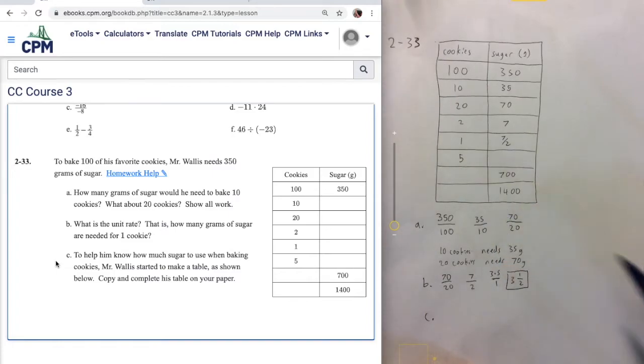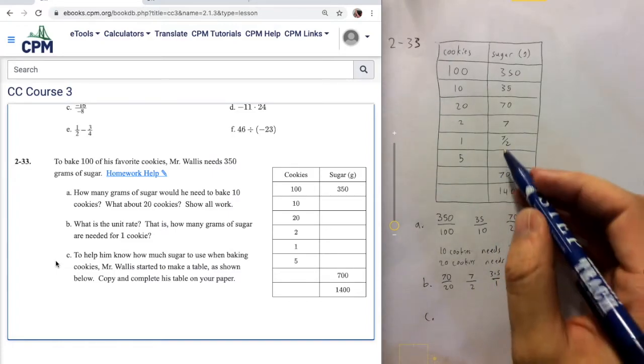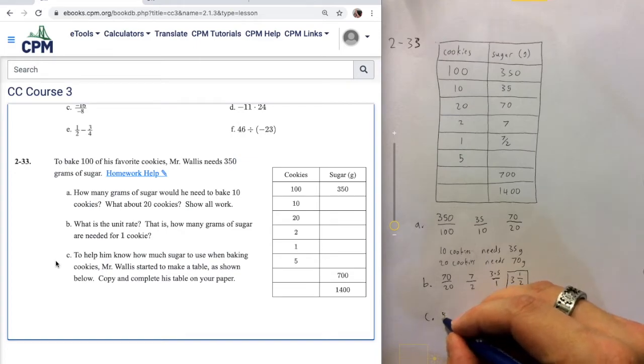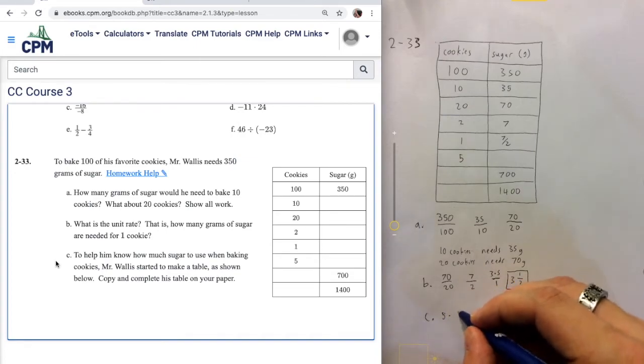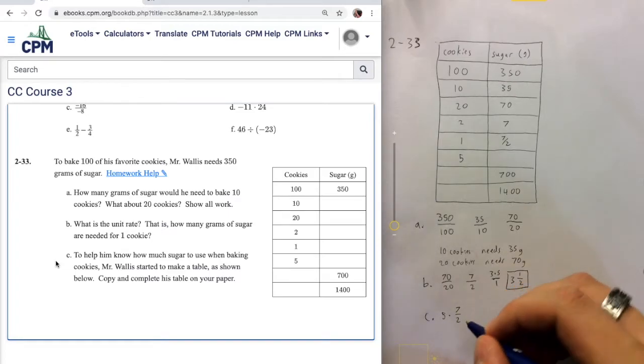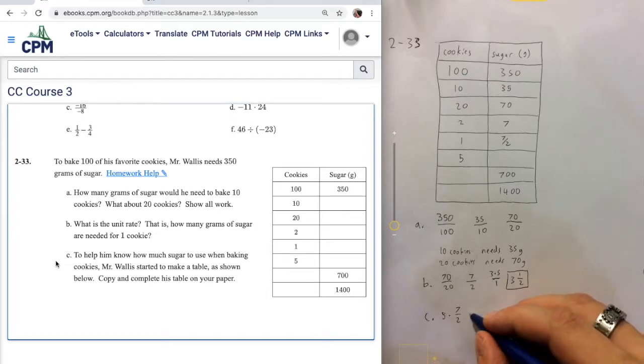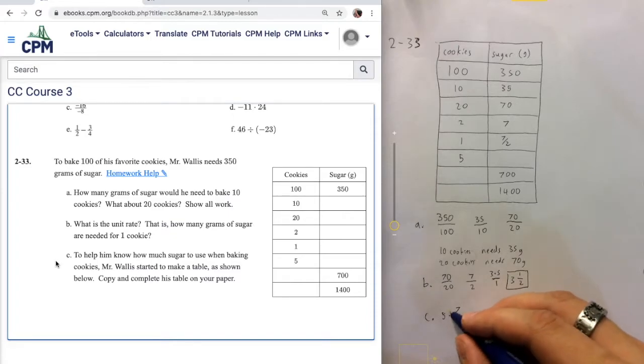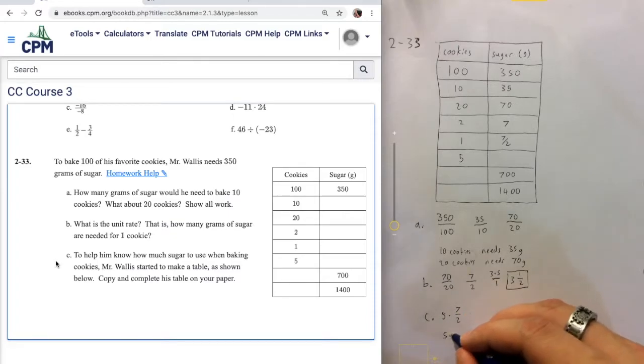So if it's going to be 7 halves per cookie, and we have 5 cookies, that's going to be 5 multiplied by 7 over 2. So that's going to be 5 times 7 over 2.